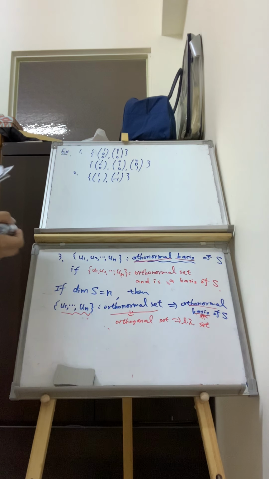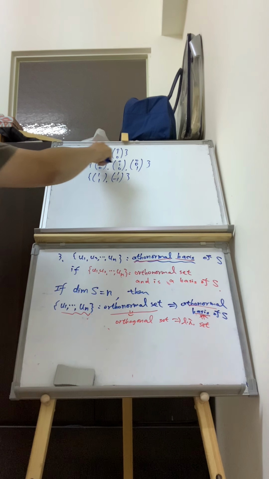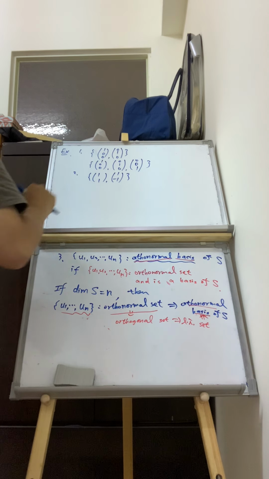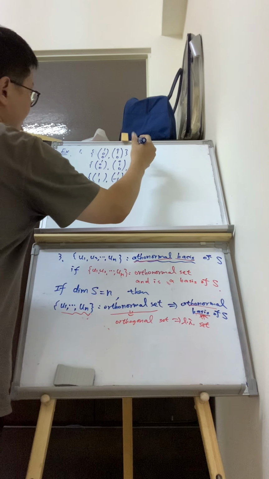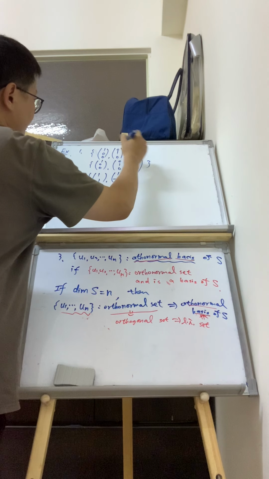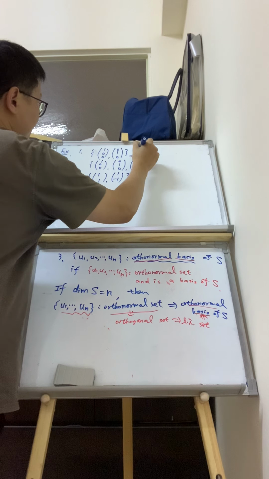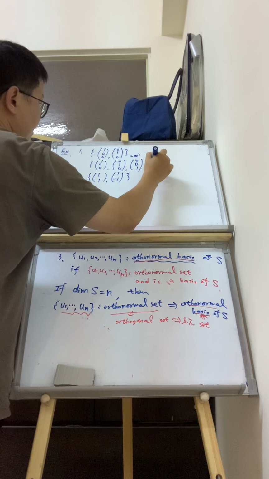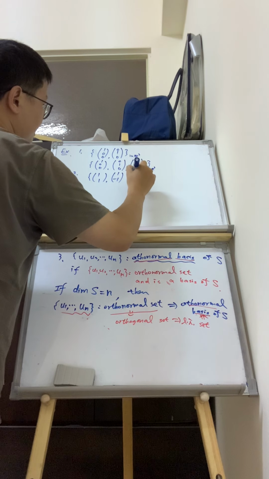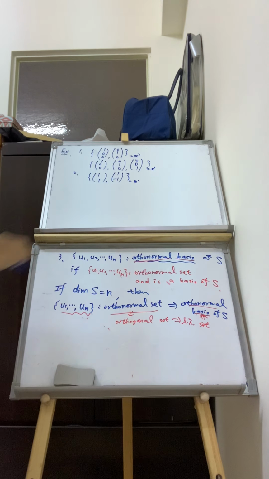We will explain it and later give more detail. First of all, this one is a vector in R3, and here is in R2. So in R3, it contains two vectors.